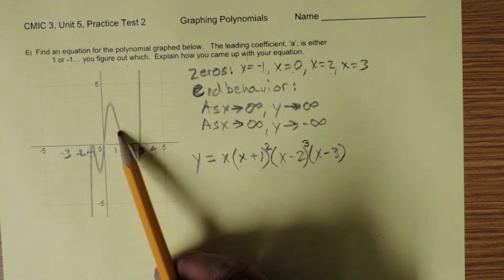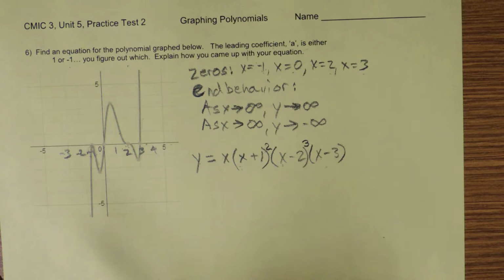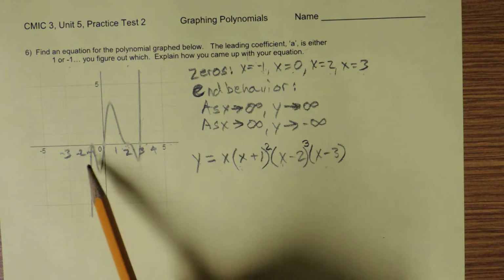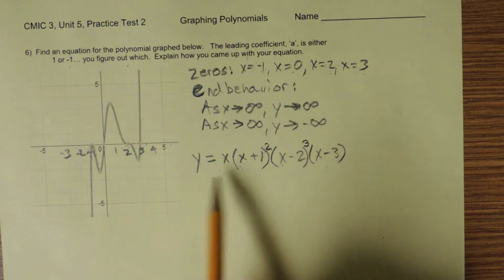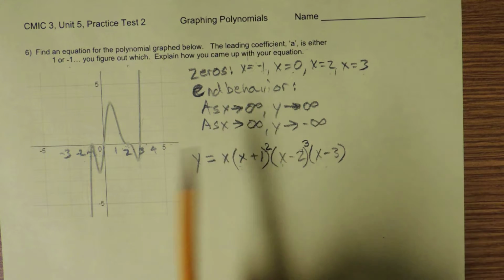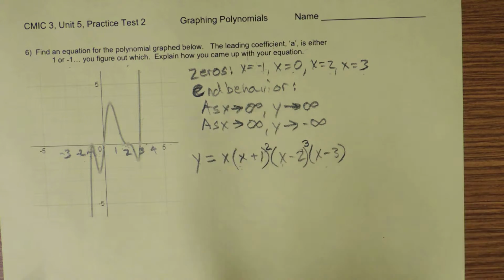That way this side is negative, this side is positive. When I had my even exponent, both sides were negative. And that's going to give me a clue later, but both sides are negative here, so I need to have an even. One side's negative, one side's positive, so I need to have an odd. But it goes flat, it goes horizontal, so I can't have 1.